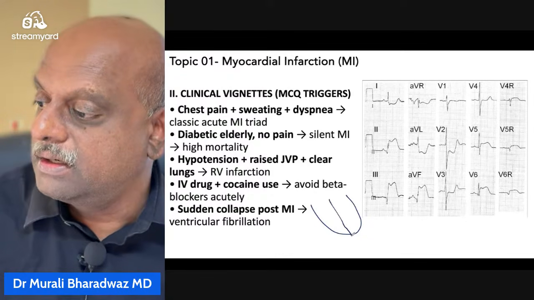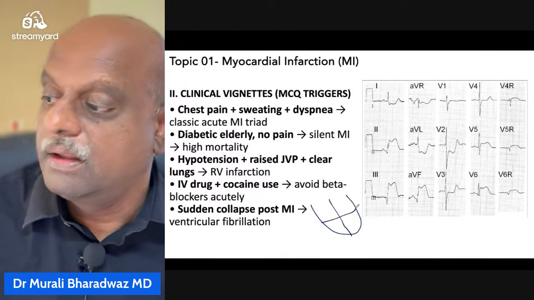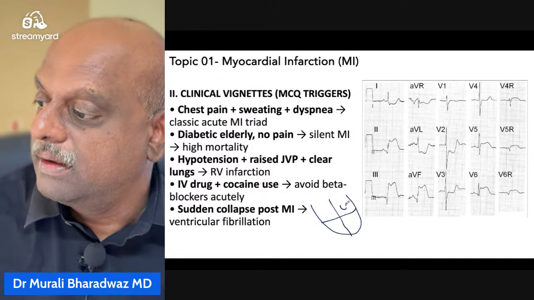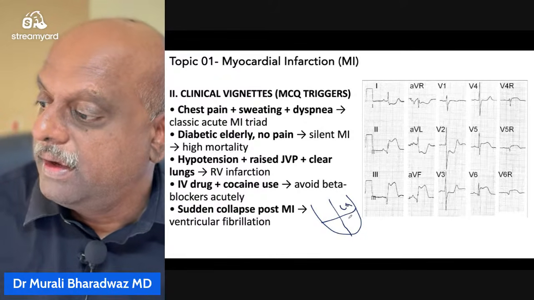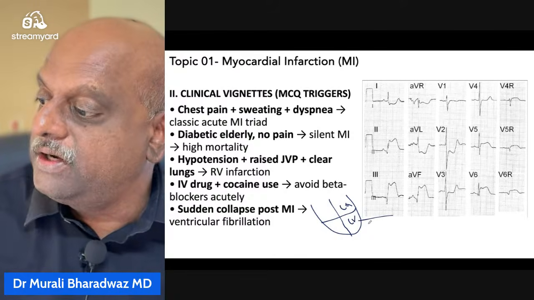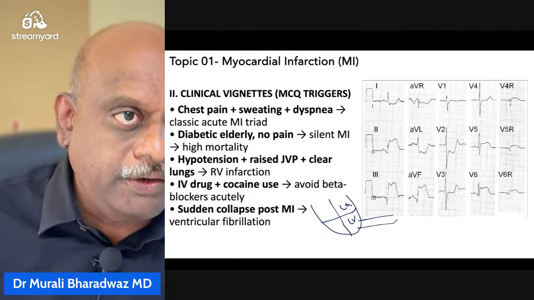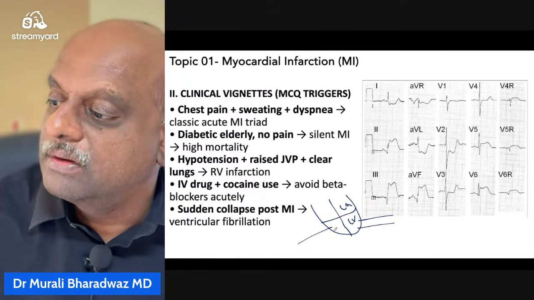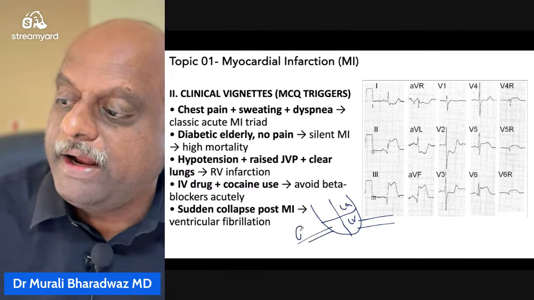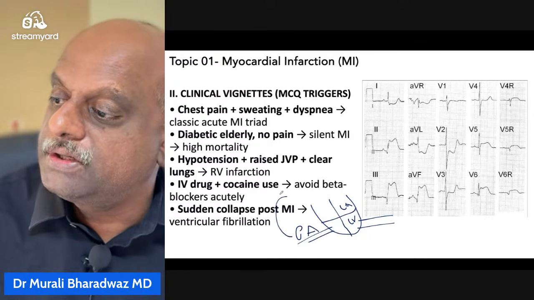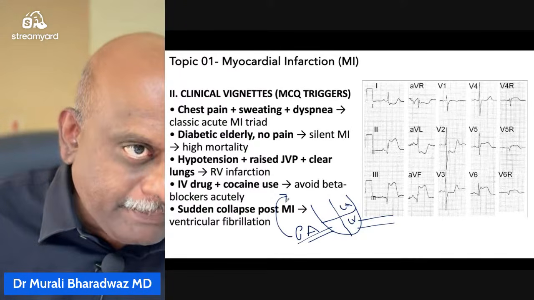this is heart, okay? Left atrium, and this is LV. LV drains into aorta. RV drains into pulmonary artery. Pulmonary artery goes and forms pulmonary capillaries.